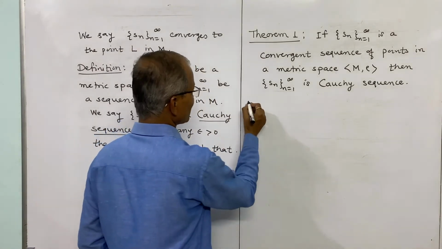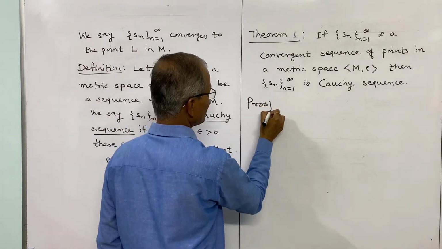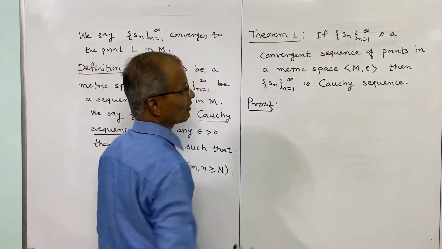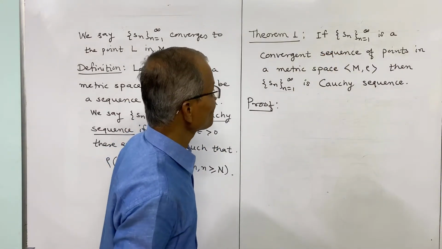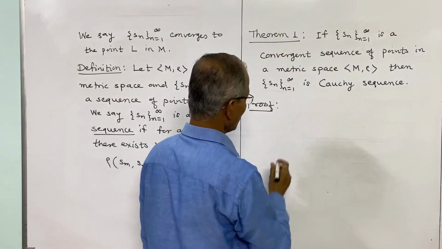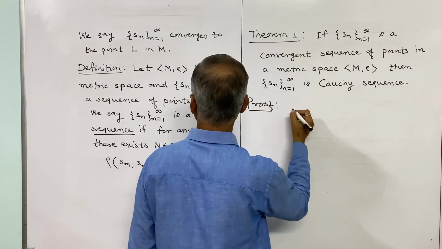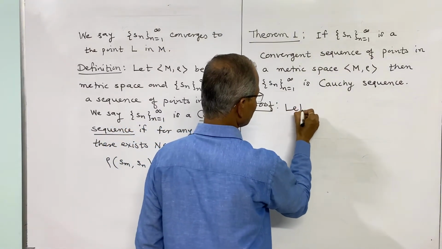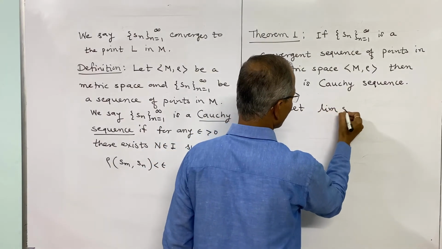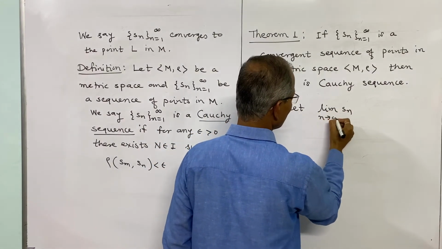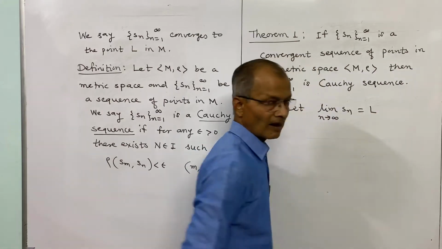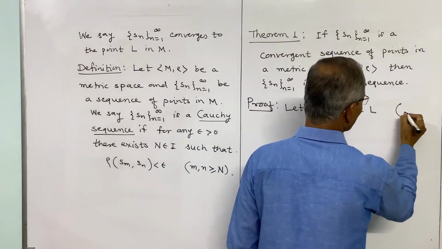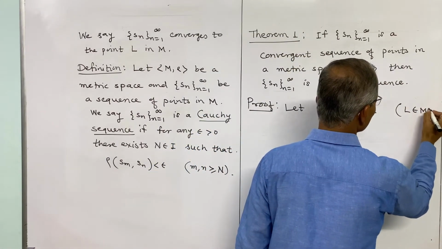Now we shall consider: let Sn be a convergent sequence of points in the metric space M. Convergent sequence means it has a limit, as we have defined earlier. Let the limit of Sn as n tends to infinity be equal to L, and here L belongs to the metric space M.